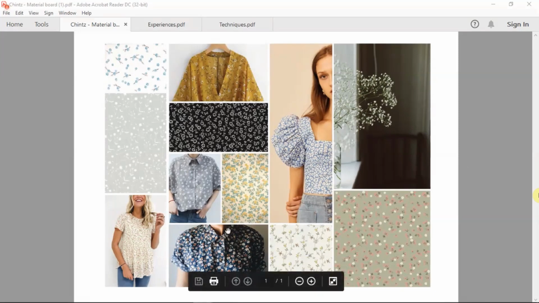So this is the type of mood board that I want you to create in your work, with the images that you collect around, the inspirations that you collect around. This is the type of mood board that I want you to create, not that aesthetical and conceptual stuff that I showed you earlier.